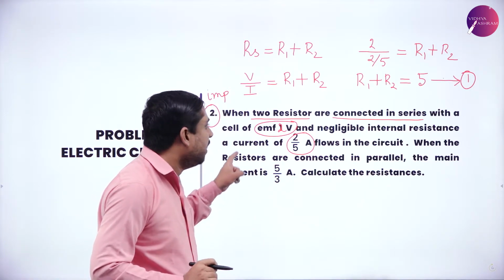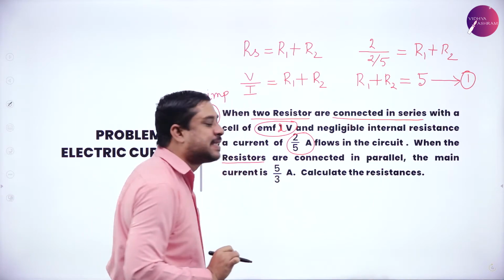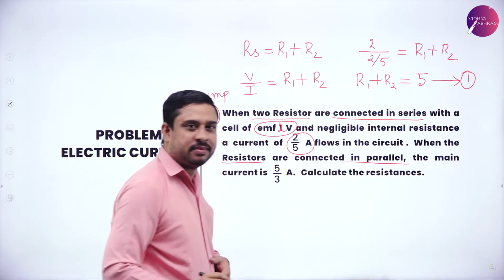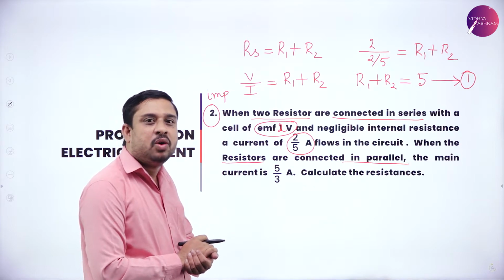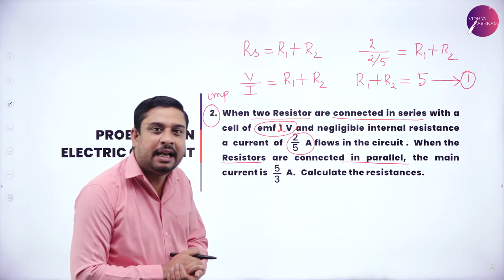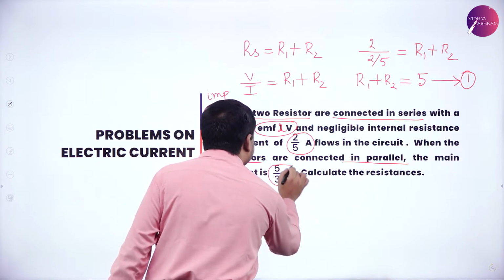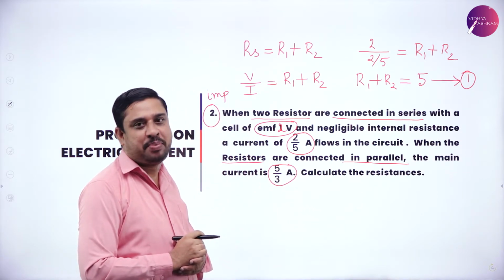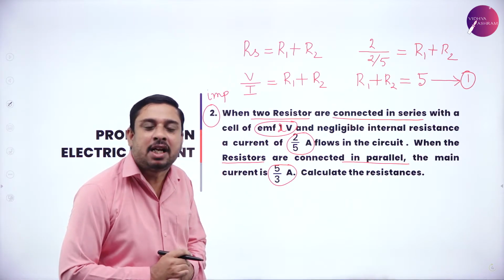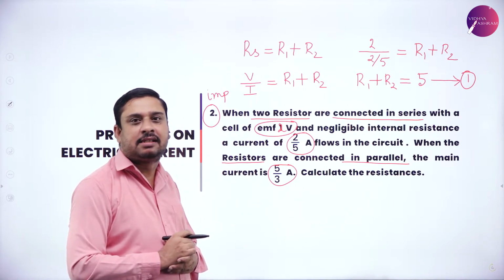Now, when the same two resistors are connected in parallel across the same source, current is 5 by 3 amperes. I have been asked to calculate the individual resistances.